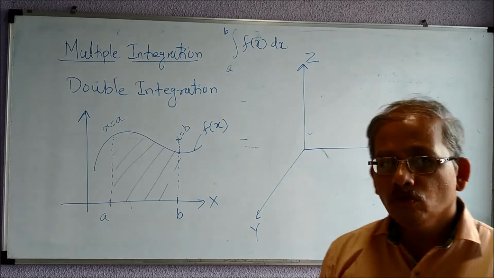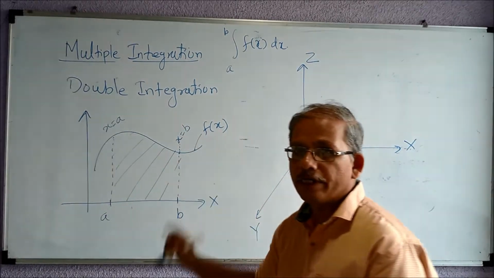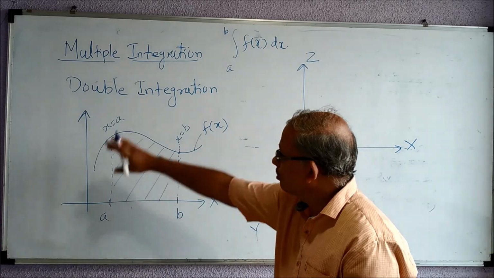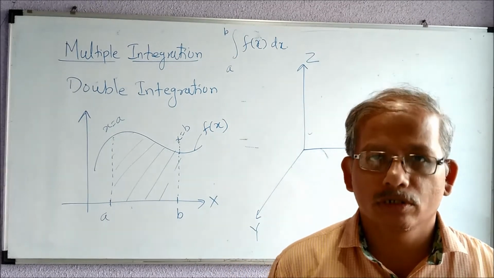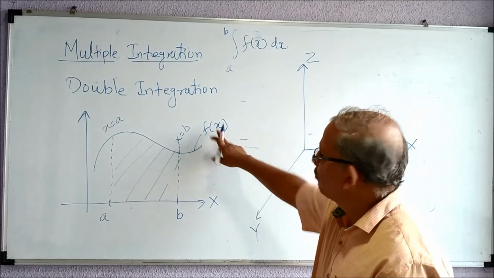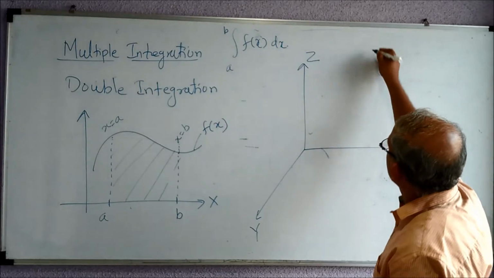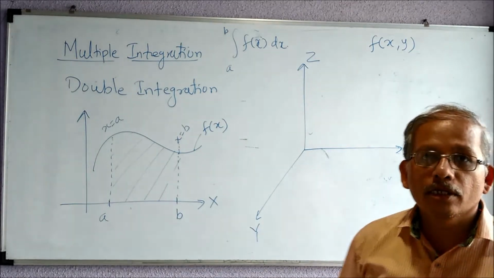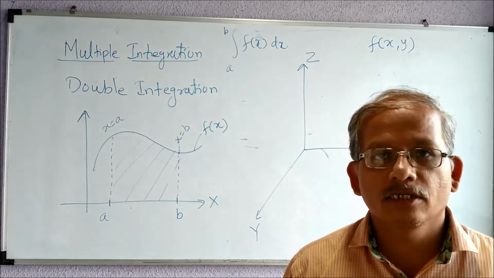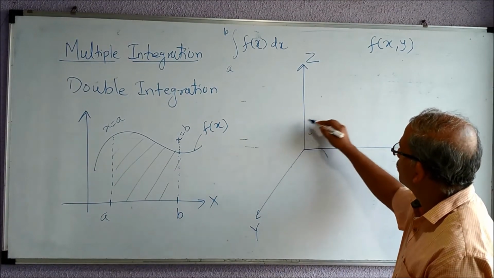Whenever you take a curve in one dimension, you are actually drawing a curve on a plane, on a board. So it is just a one variable equation. But whenever you consider an equation of two variables, say f of x comma y, it becomes a surface in three dimensions. So let me draw a surface.